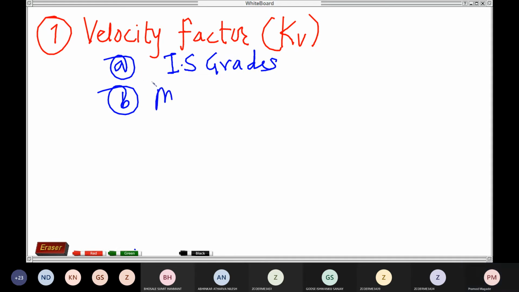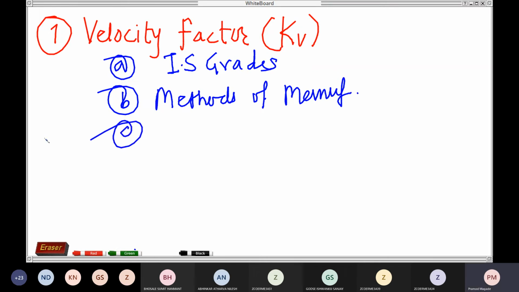Second, according to methods of manufacturing. Third, according to pitch line velocity.